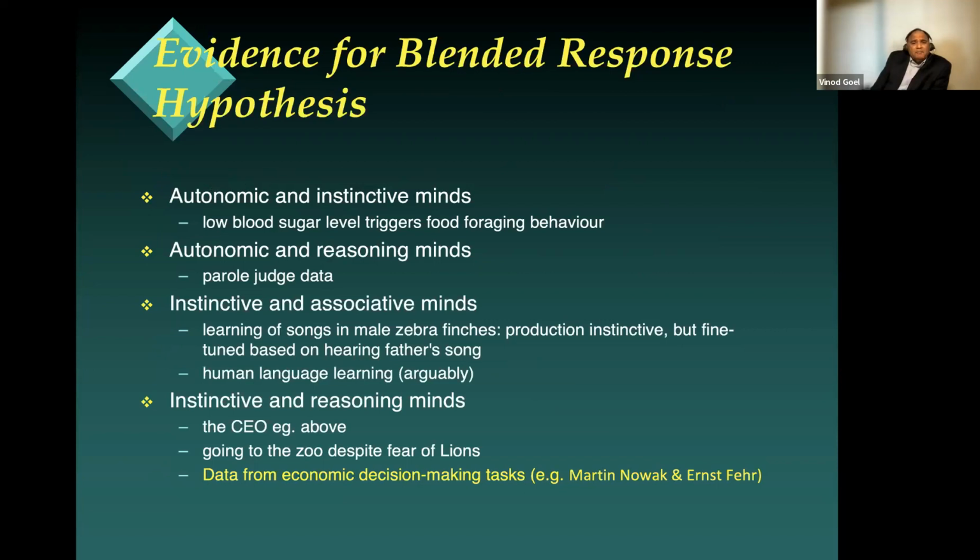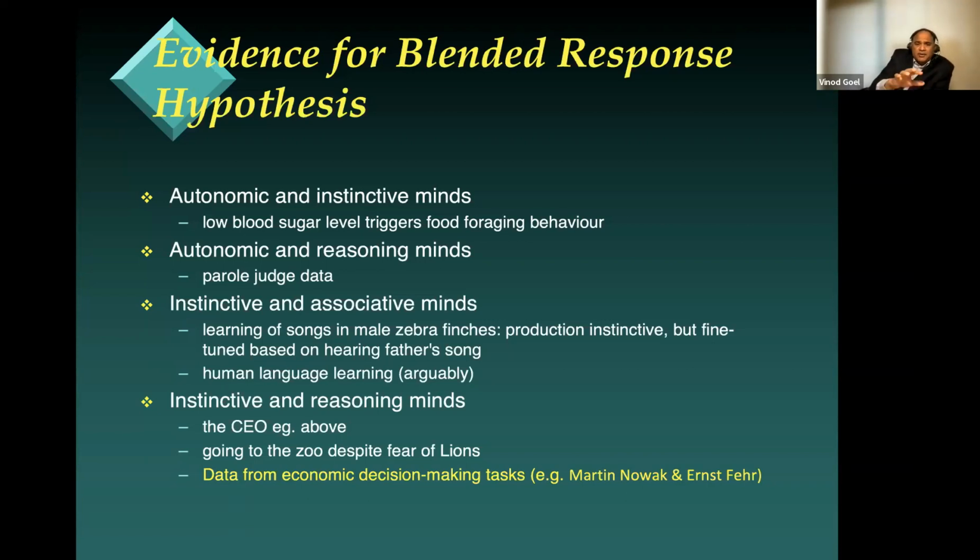So the first point, data supporting the blended response hypothesis. Here, I just want to begin by providing you with some intuitive data points. For example, low blood sugar level triggers food foraging behavior in humans and non-human animals. The interaction of the autonomic and reasoning minds, the Pearl judge data shows you that.